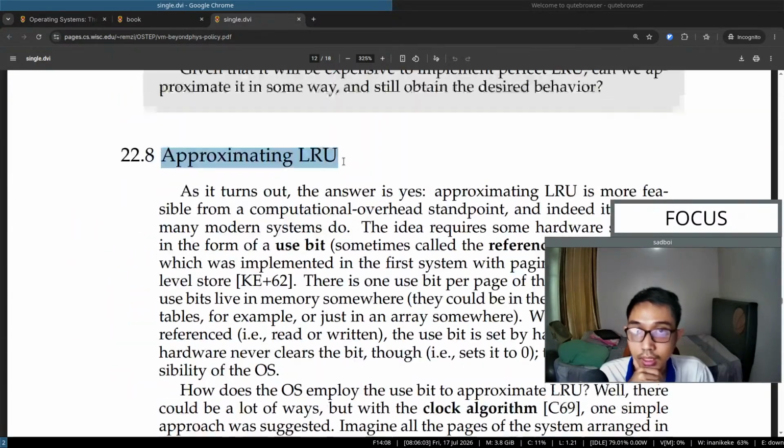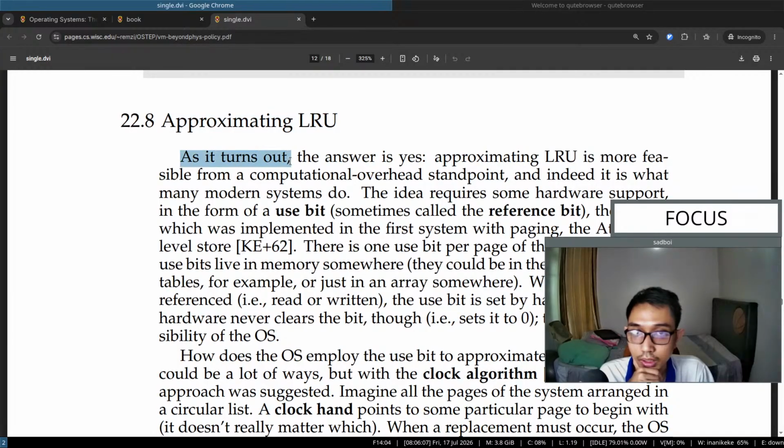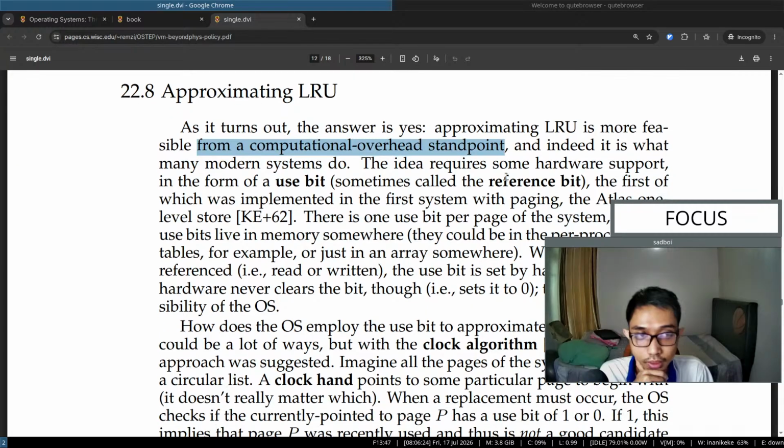Okay, let's continue. As it turns out, the answer is yes. Approximating least recently used is more feasible from a computational overhead standpoint, and indeed, it is what many modern systems do.